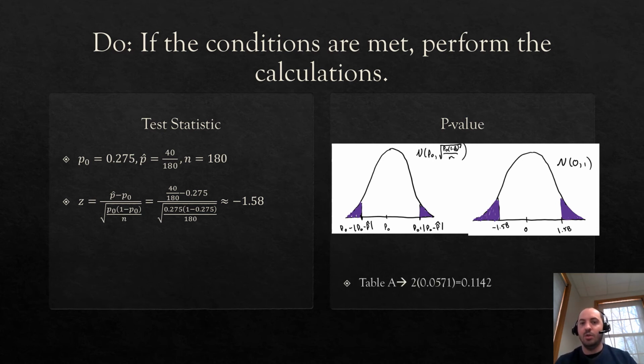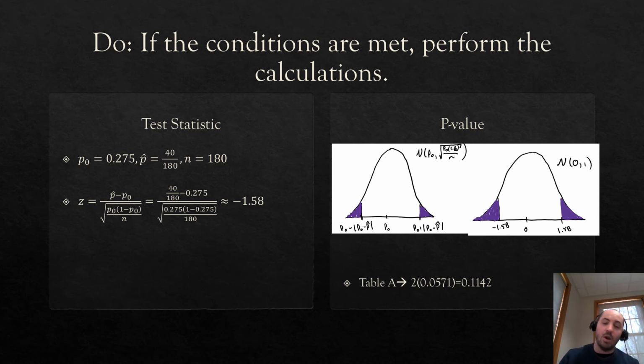So you can go to Table A if, say, you're using the AP Stats formula and resource guide, and it's going to give you the area to the left of negative 1.58 in that table. And since I know by the symmetry of this normal curve, I take twice that to get the area in the two tails, which is 0.1142. So now you have your p-value.